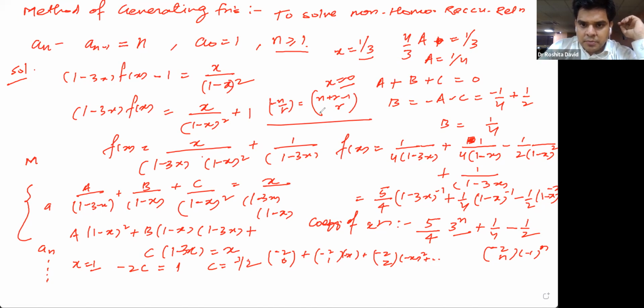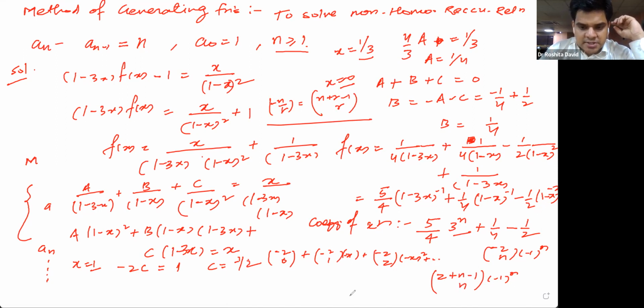So n plus r minus 1 choose r means 2 plus n minus 1 choose n, right? So this you can solve, right? So n plus 1 choose n.